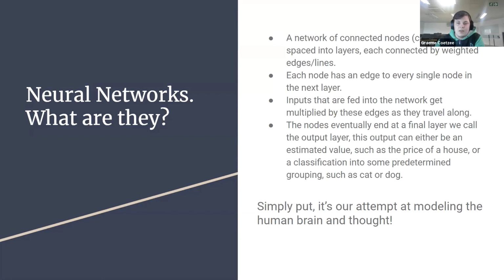Every node in our output layer would represent a category, and what our neural net tries to do is predict the category, and the highest prediction would be associated with the category, and that would be our final prediction. So simply put, we're just trying to model how the human brain works.